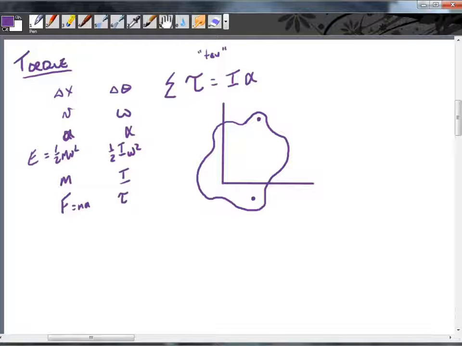We have two people pulling. So we're going to have a force in that direction, pulling on this peg, and this peg is at R1 here, and this is going to be force 1 for our place 1. And then we're going to have another radius here, R2, for a force that's going in the other direction.